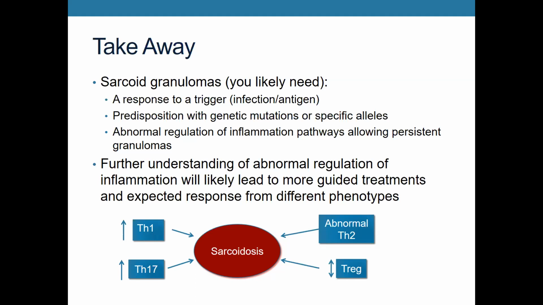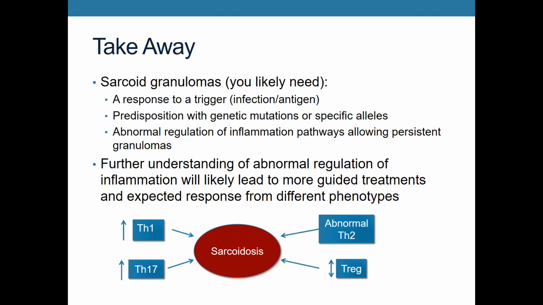And with further understanding of the abnormal regulatory pathways and regulation of the inflammation, this will likely lead to more guided treatments and possibly expected response, and even understanding the different phenotypes within sarcoidosis.